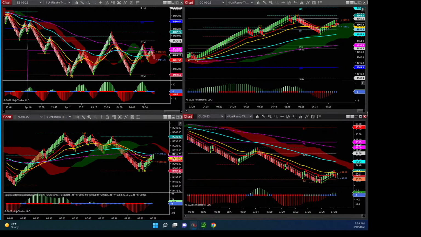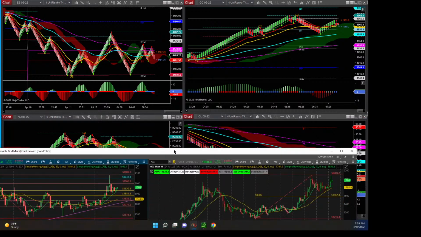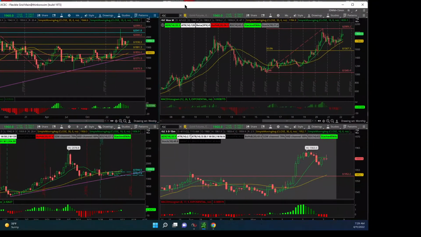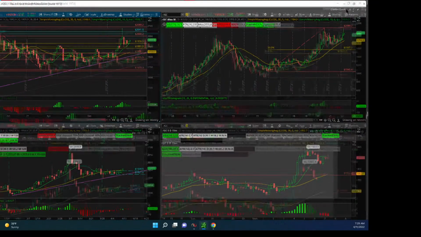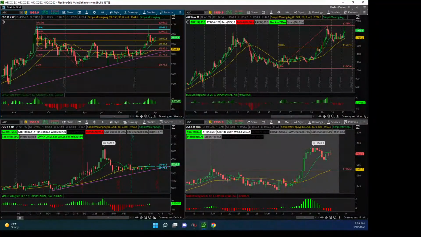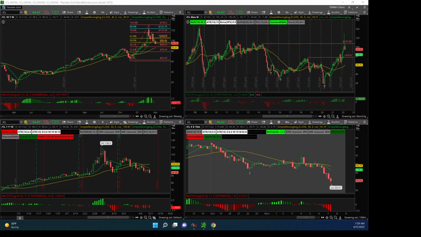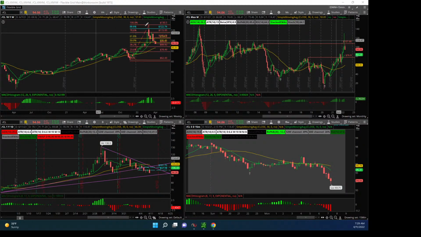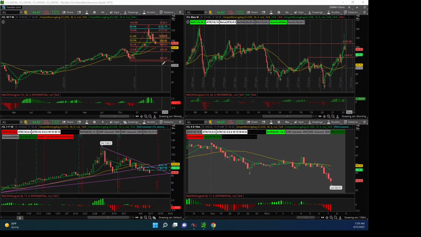Bulls and bears. Let's see this chart here for crude. So weekly crude is coming down.